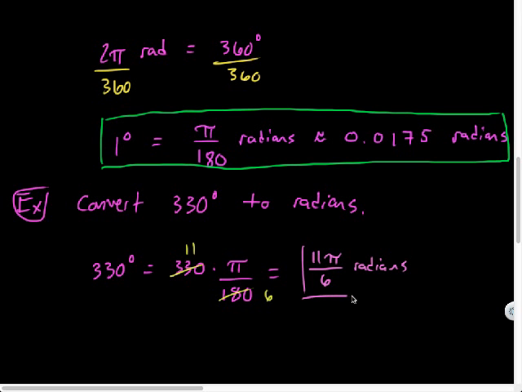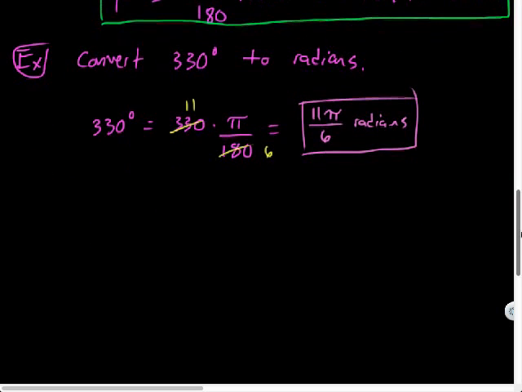All right, so this is an equivalent measurement to 330 degrees. It's just measured in radians. And typically, I'll leave the pi symbol up in the numerator. Technically, you also could write that as 11/6 pi if you wanted, but usually we'll just leave the pi in the numerator. That's just as easy. Okay, so there's our first convert problem.